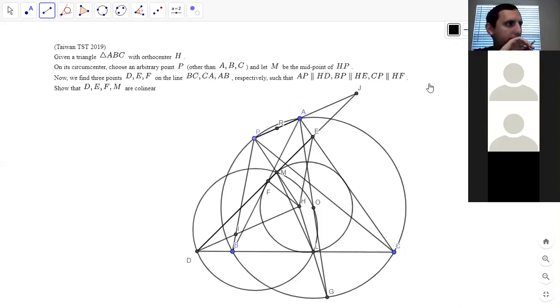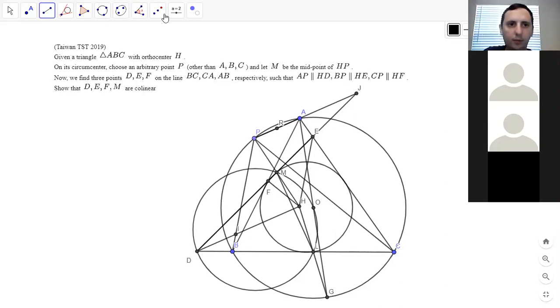I forgot even what the outer butterfly theorem is. I think it says you have a cyclic quad, and then you draw the intersection.